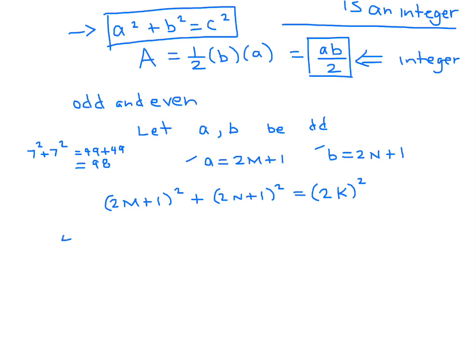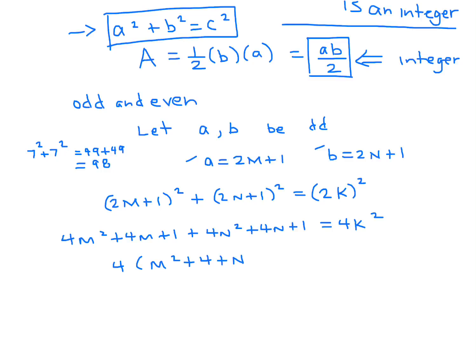So let's multiply this out, and we get 4m squared plus 4m plus 1 plus 4n squared plus 4n plus 1, and this is 4k squared. All right? So let's see what we have here. We've got a 4 that we're able to factor from quite a few terms here, plus n, like that, plus 2, and this is equal to 4k squared.